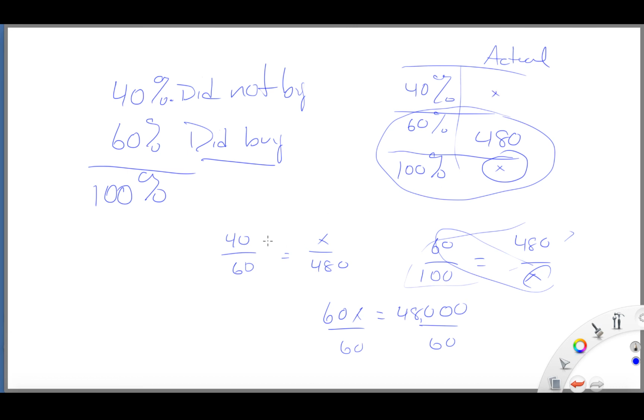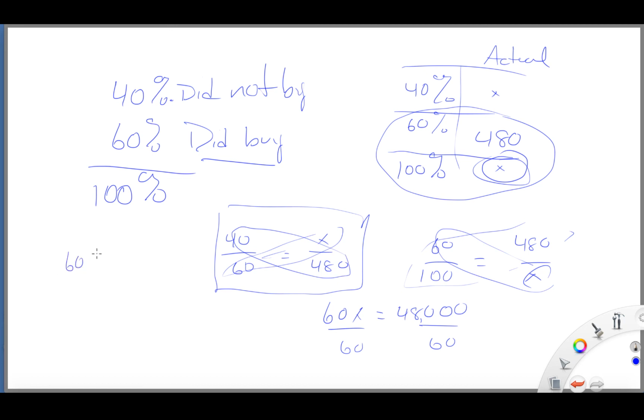Or we could solve for 40% right away and do this equation, and then we could add these two to come up with the total. It doesn't matter which way you do it. You just have to come up with one of these unknowns in order to solve the next one.